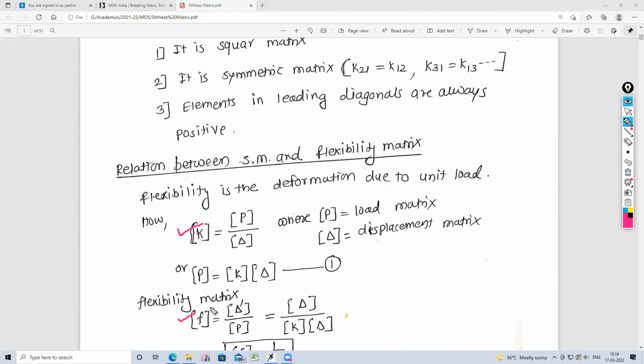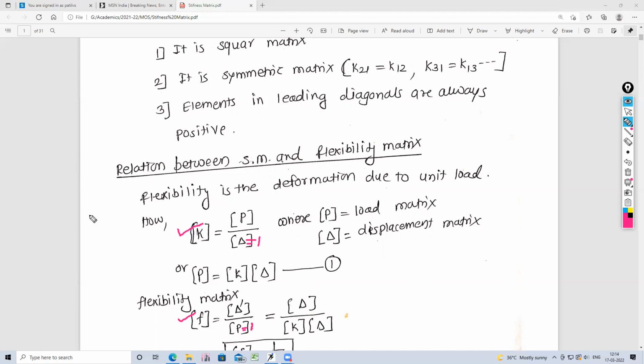Opposite to a stiffer element is a more flexible one. So it is delta divided by P. What is the deformation due to unit load? Deformation due to unit load is called flexibility. So in the case of stiffness the delta value is equal to 1, whereas in the case of flexibility the load value is equal to 1. This is the basic difference.